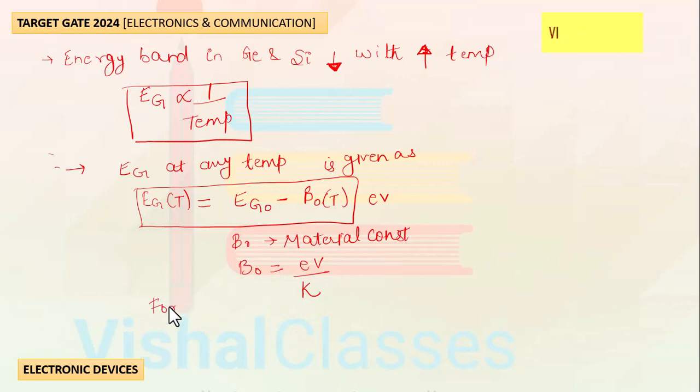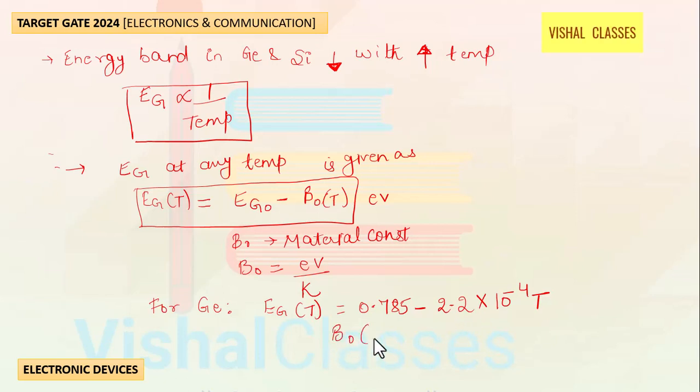For germanium, Eg at temperature T is Eg node 0.785 at temperature 0 Kelvin, minus beta node into T. Beta node for germanium is 2.2 into 10 raised to power minus 4.